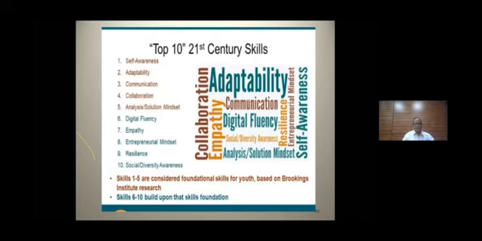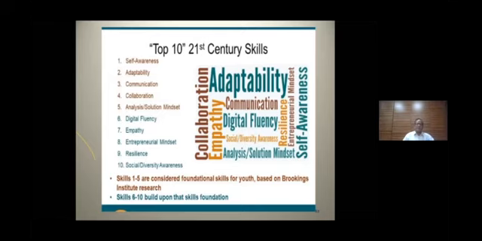If you look at this slide, you will understand that there are about 10 skills. Out of those 10 skills, the first 5, starting from self-awareness, adaptability, communication, collaboration, analysis, are considered the fundamental or foundational skills required for youth.